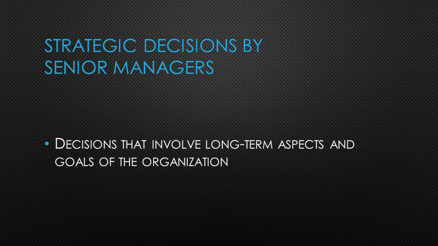I said earlier also that the senior managers are looking at things from a higher level, at a longer term, at the overall vision of the organization. So they have to take a lot of strategic decisions and take the steps to ensure that the organization is proceeding in the right direction.